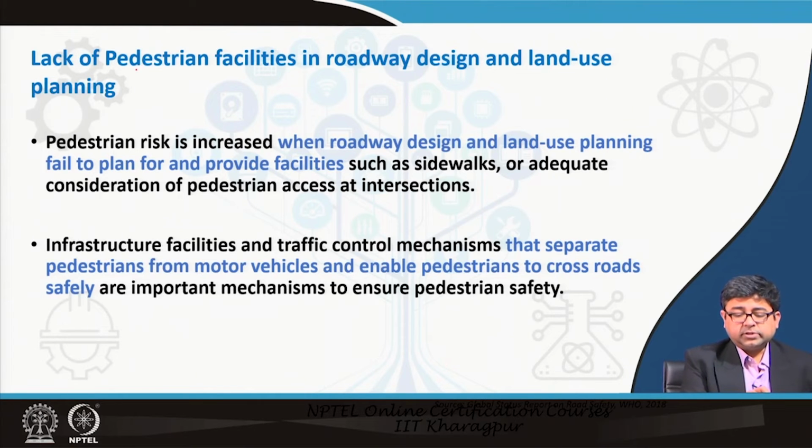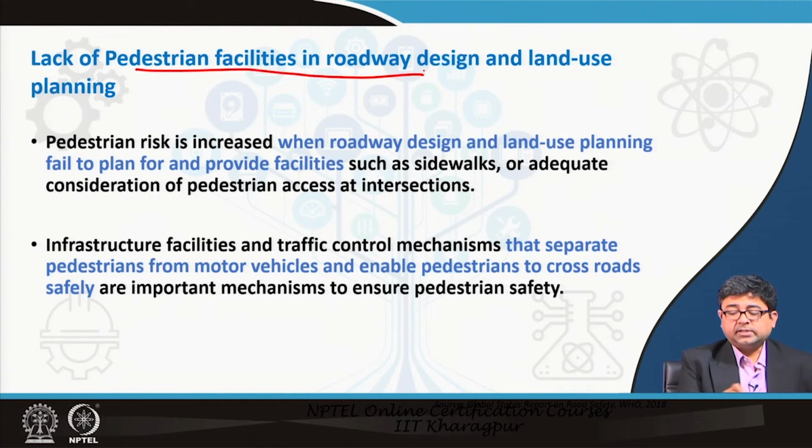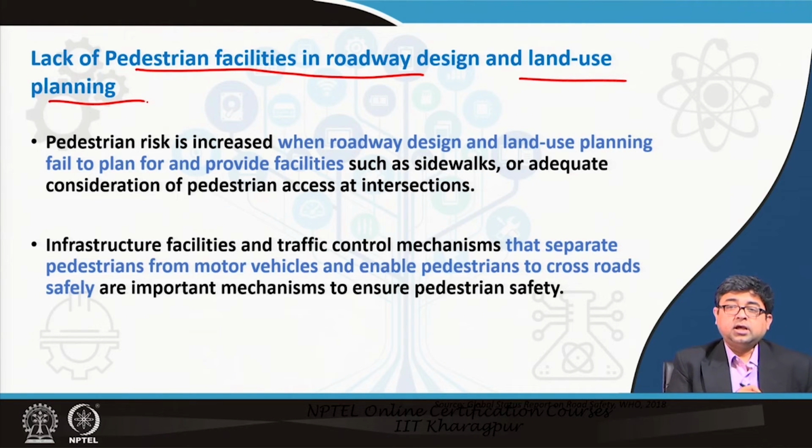The other part, of course, is the lack of pedestrian facilities and poor land use planning as well. You may often encounter, for example, a school right alongside a high speed road.